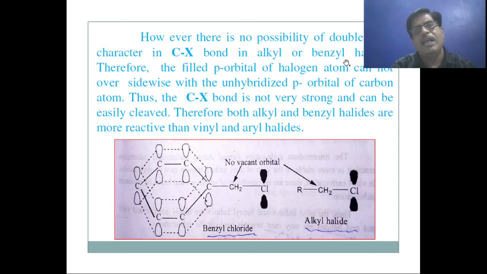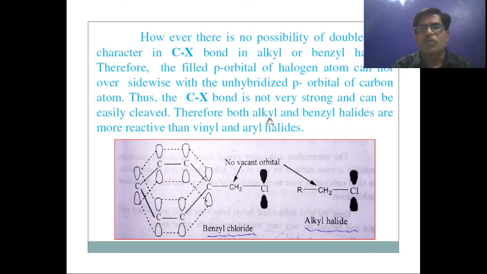benzyl halide. Therefore, the filled p orbital of the halogen atom cannot undergo sidewise overlapping with the unhybridized p orbital of the carbon atom. Thus, the CX bond is not very strong and can be easily cleaved or removed.